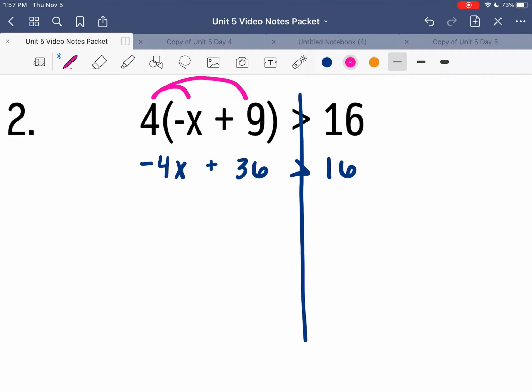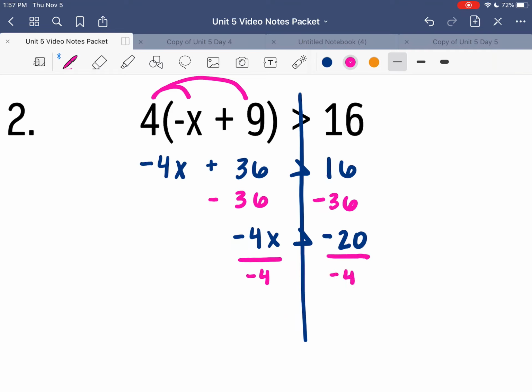Now we're down to that 2-step part, so minus 36 on both sides. That will leave us just with the negative 4x is greater than 16 minus 36, which is negative 20. And now I have to divide everything by negative 4 to get x by itself, but notice I am dividing by a negative. So because I divide by a negative, I have to reverse my inequality sign.